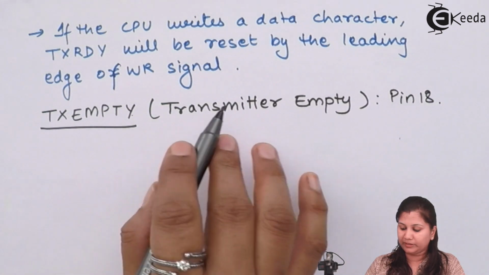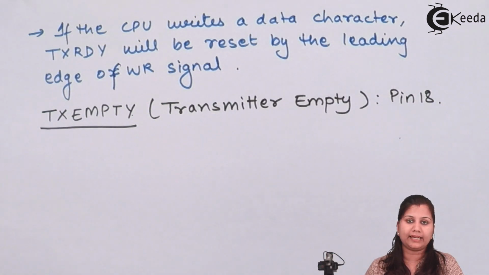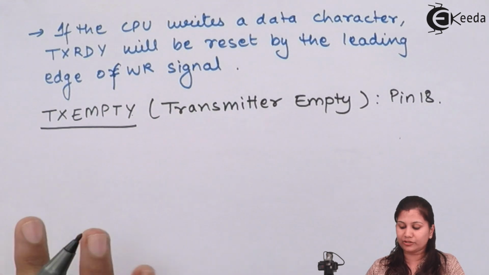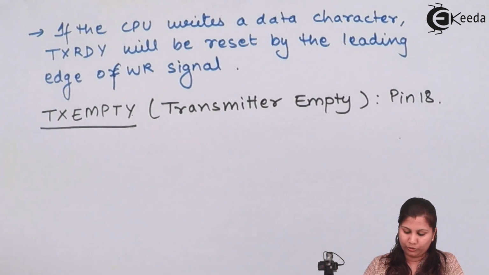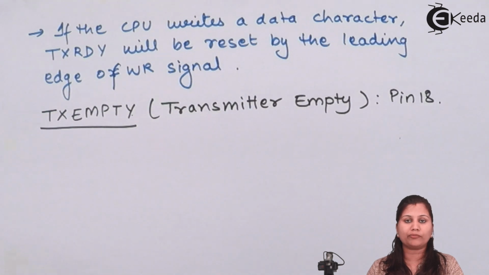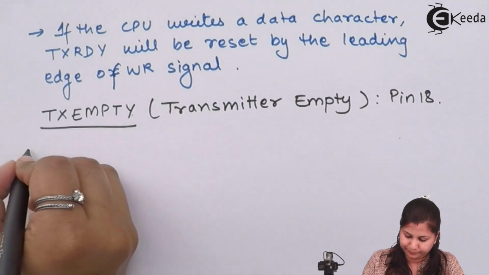This transmitter empty signal indicates that the 8251 USART has transmitted all the data characters. Now no data character is available with it and the transmitter is empty. So to indicate that the transmission of all the characters has taken place, this signal will be made high.